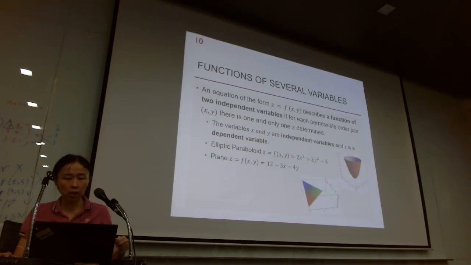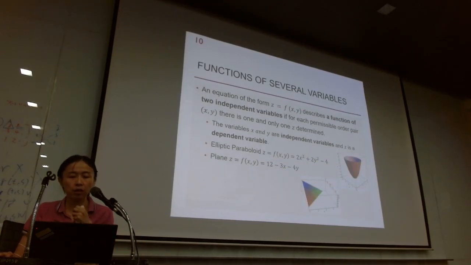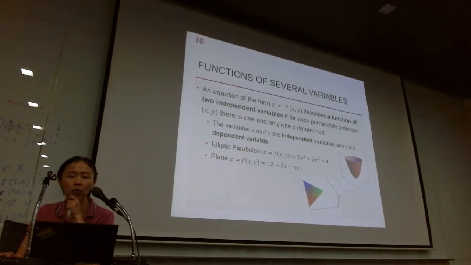Okay. Then if I say z equal to f(x, y) of variables, that means z depends on what? A pair of x, y, okay? So in this sense, as I said, it can be either a plane, which means this equation should be linear, okay?